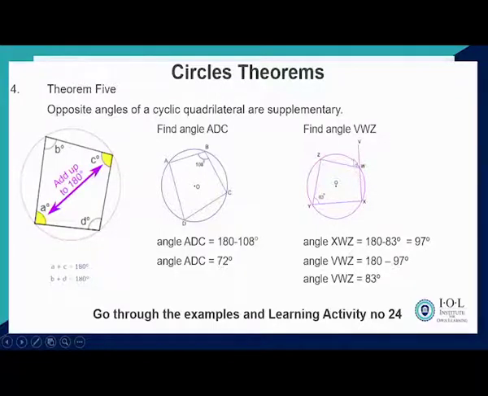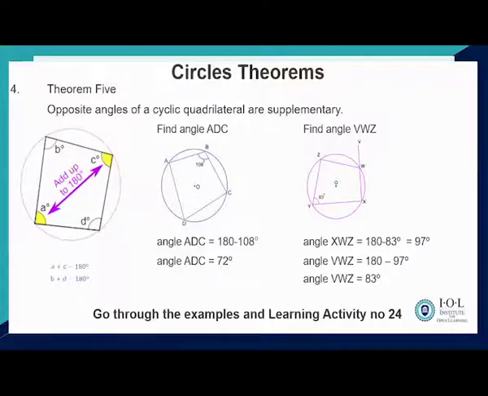So in the end, I can say the exterior angle of any cyclic quadrilateral is the same as the opposite interior. So that 83, can you see? That outside angle, the exterior angle, is the same as the opposite inside. So you have to learn these and know them, please.